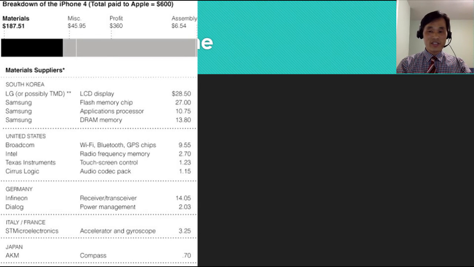From Germany, the receiver, transceiver, and power management parts are coming. From Italy, the accelerometer and gyroscope. From Japan is the compass. You can see that many parts are from around the globe, and the challenges of manufacturing and assembling iPhones are described here.